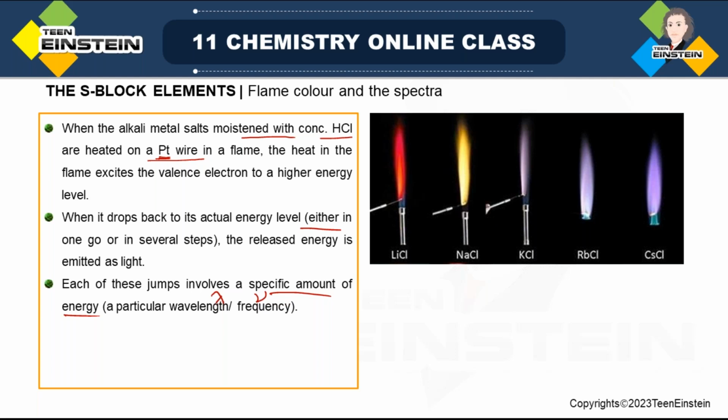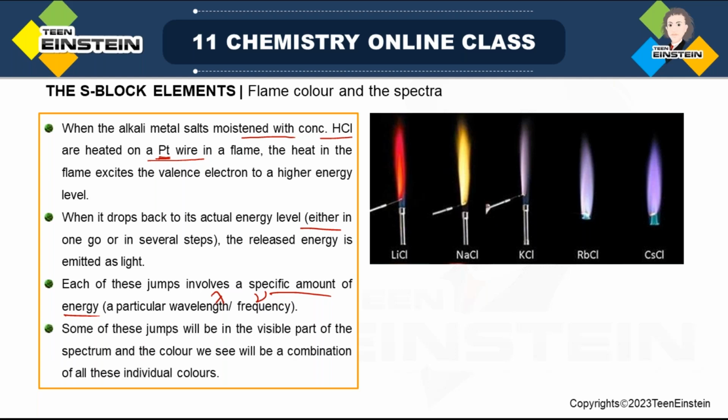So not all the jumps, whether in one go or in several steps, will be in the visible part, but some of these jumps will be in the visible part of the spectrum. That is why we can see color. This color that we are seeing, don't think that it is a single specific color.